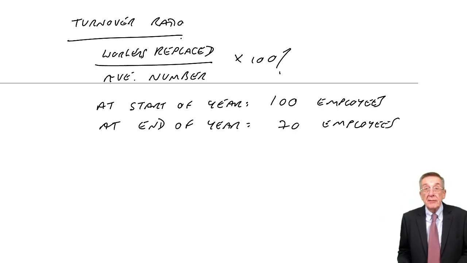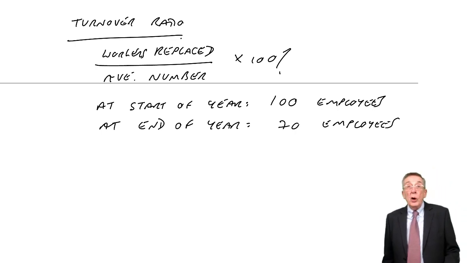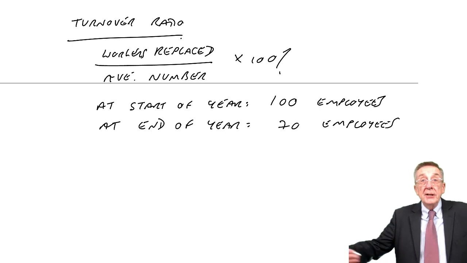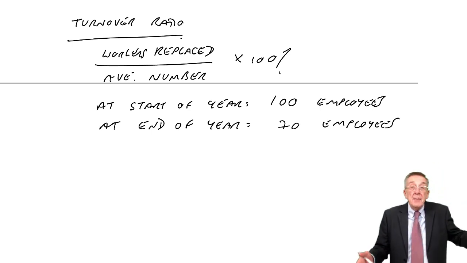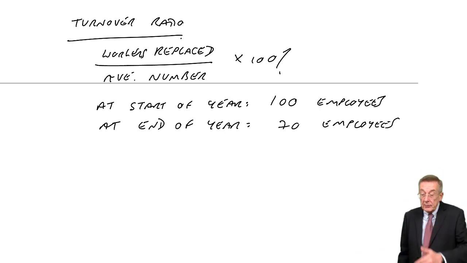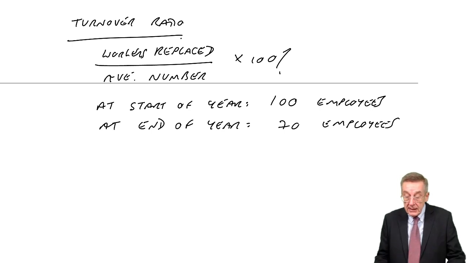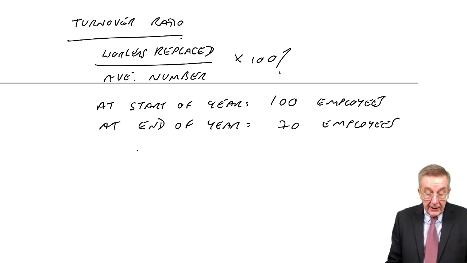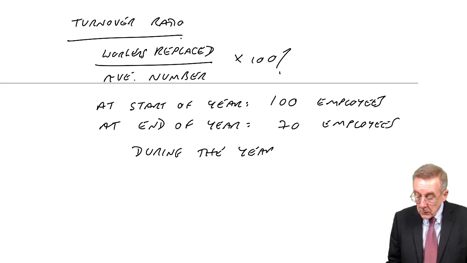Obviously, forgetting replacing for the minute, all companies may one year need to increase the number of workers, other years they may need to reduce. Well, fine, we had 100 at the beginning, 70 at the end. And suppose I tell you that during the year, 40 had left.